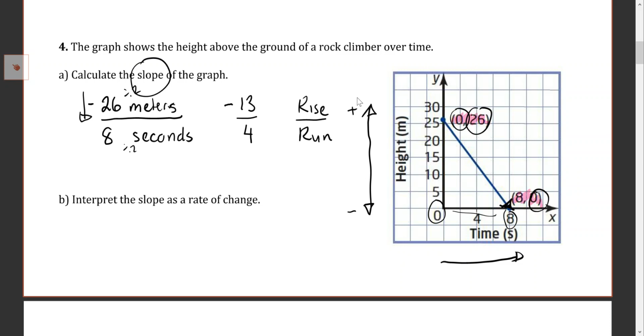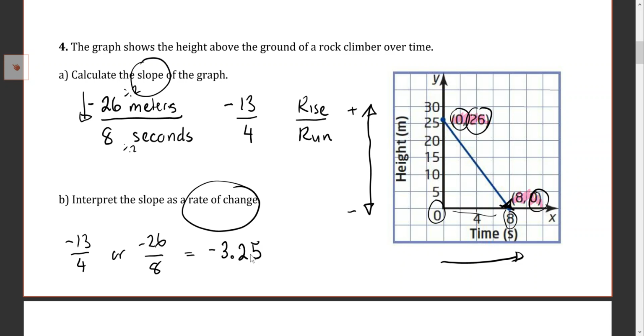And it's quite nice with just saying the slope of a line to leave it as a simplified fraction. But when it says interpret the slope as a rate of change, we're then going to do what Sienna's already done, which is to do negative 13 divided by 4, or negative 26 divided by 8. You should get the same answer as, what was it? 3.25.